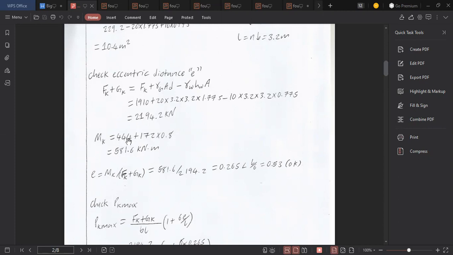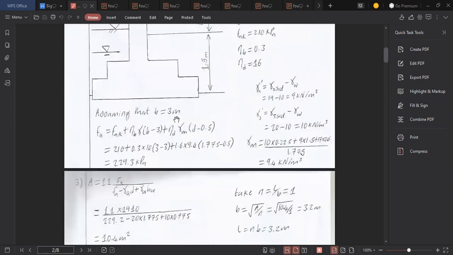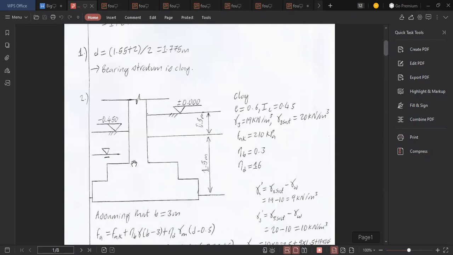here, this is her MK, but then she also added V times the H. V is a force going in this direction, like a shear force, and it's causing a kind of moment.